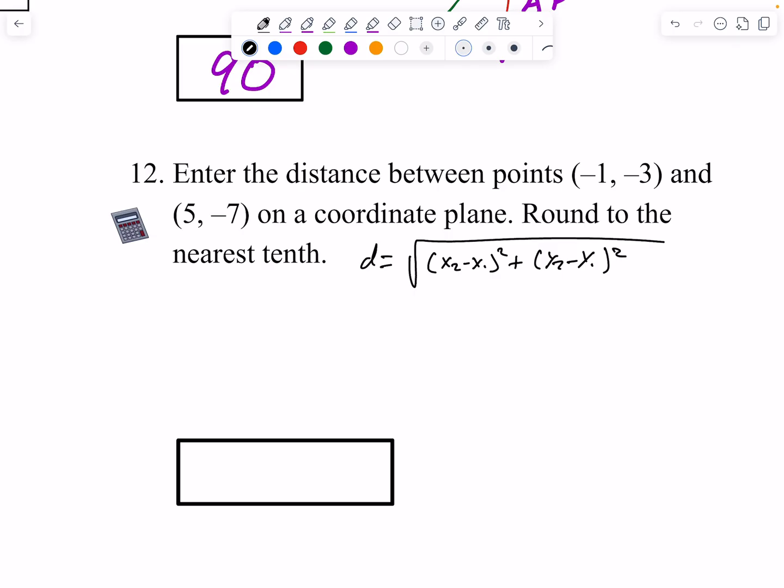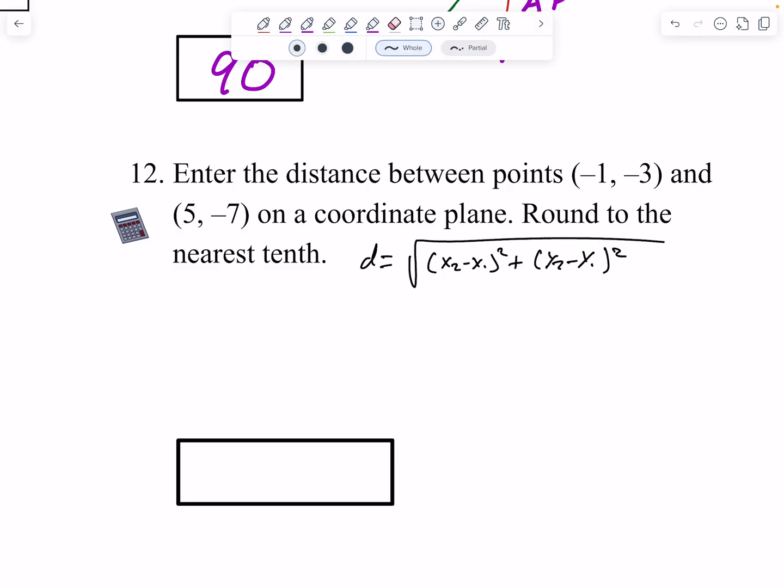But if your teacher showed you, the distance formula is literally just a squared plus b squared equaling c squared. Wait, what the heck? But why is there a square root? Because how do you get rid of the square? I took the square root and I took the square root. So do you see how I get the c by itself, aka distance? So that's what we're going to use, okay?